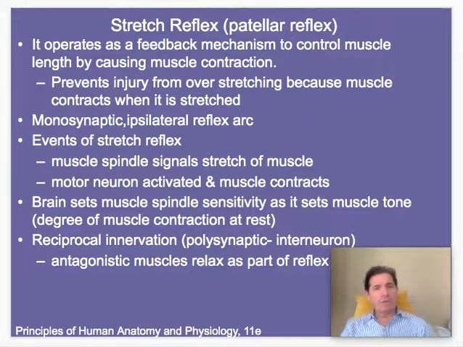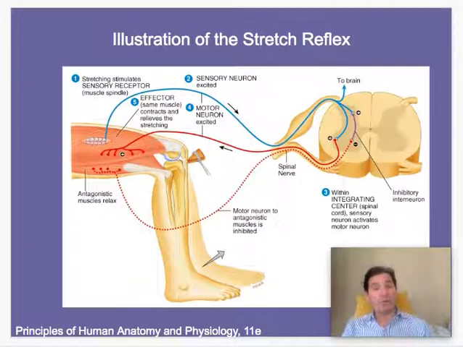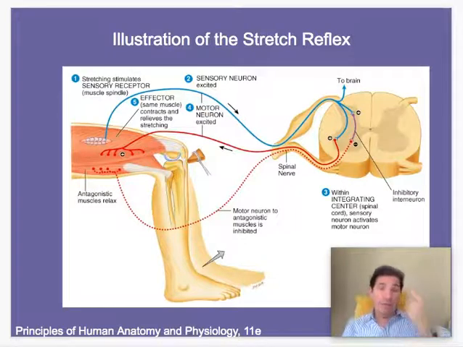So when we're looking at the stretch reflex, which is the patellar reflex, you'll notice it talks about the arc and how it stretches and what happens to the brain. But visually, this is what you see. You hit the hammer on the patellar tendon, and it causes a movement.